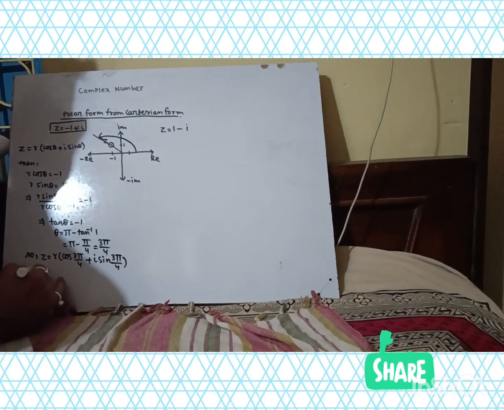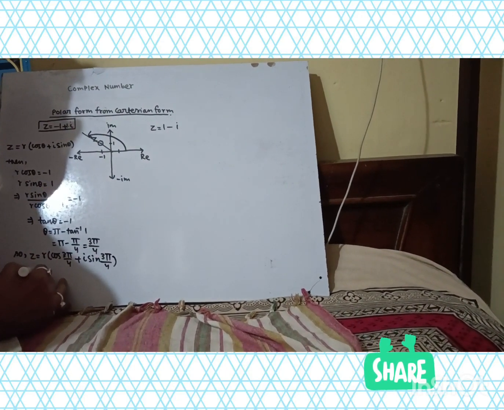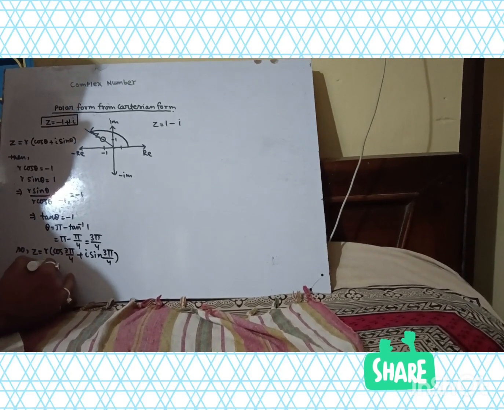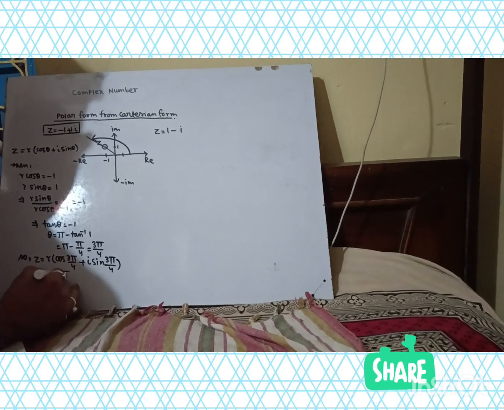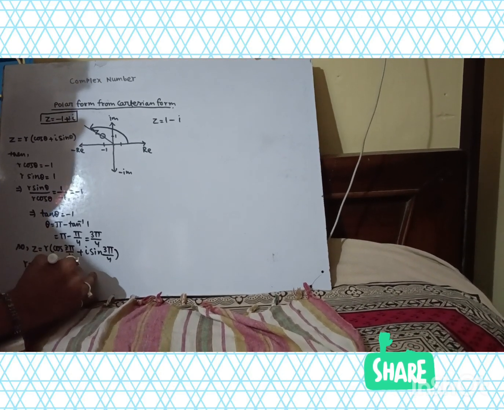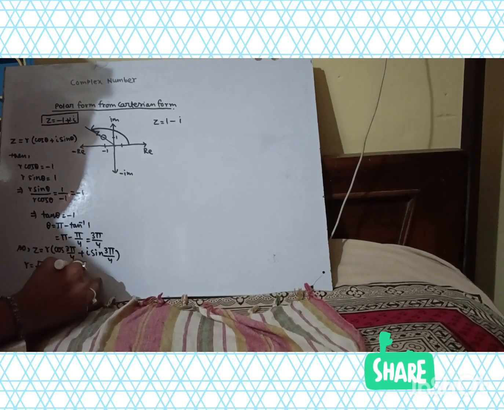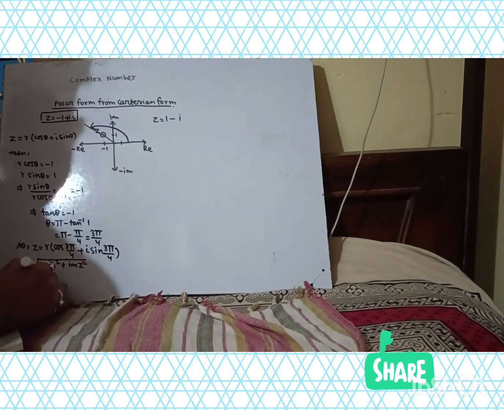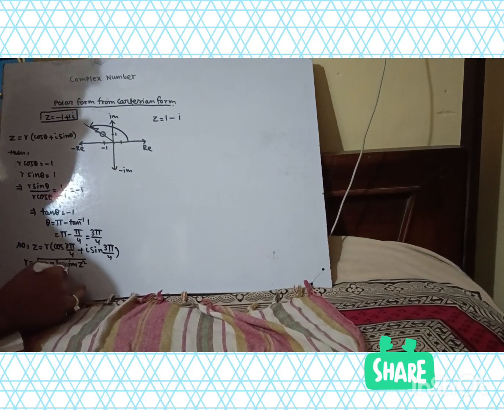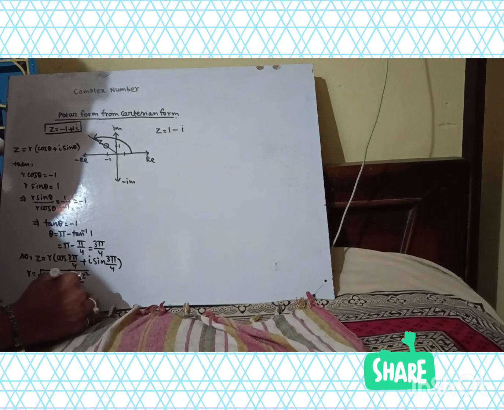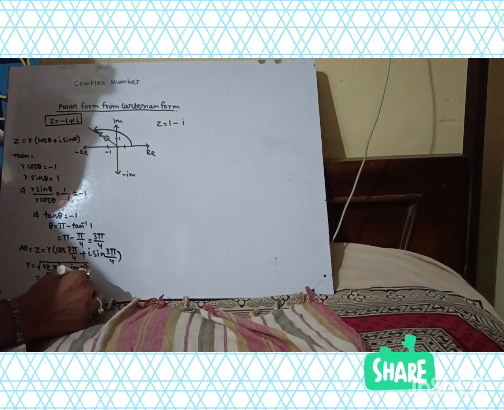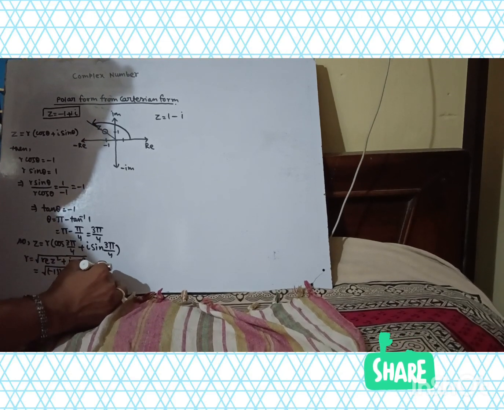Now r is equal to root over Re z square plus Im z square. That means root over minus 1 square plus 1 square, that means root 2.